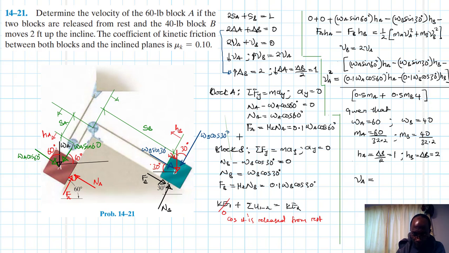Then we divide it by 0.5 by 60 divided by 32.2 plus 0.5 by 40 divided by 32.2 by 4. Then we take the square root of that.